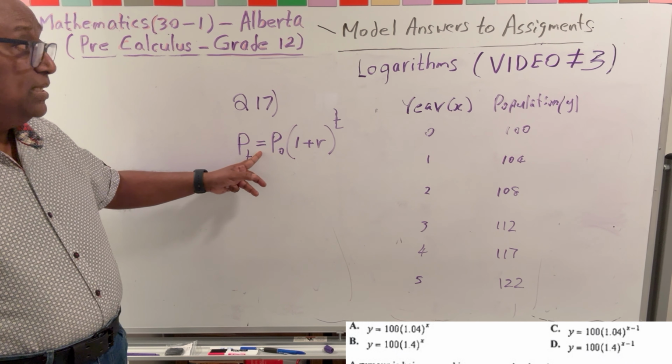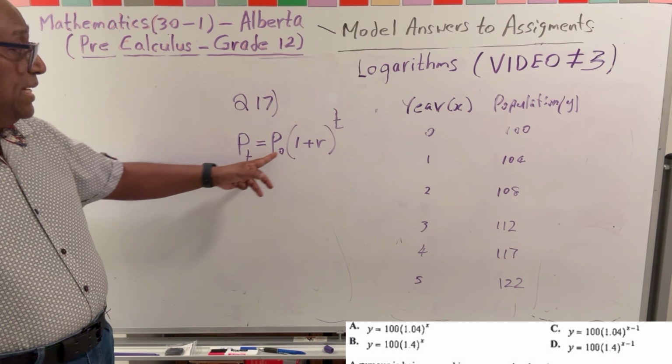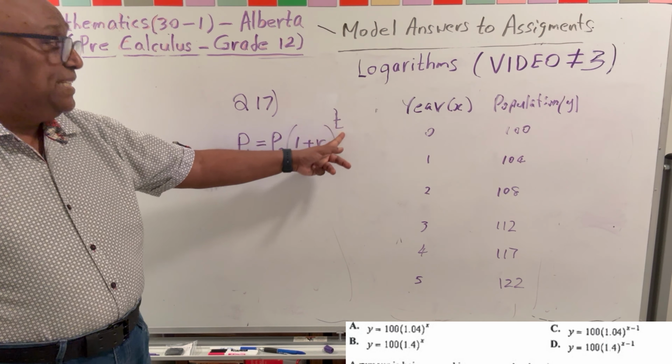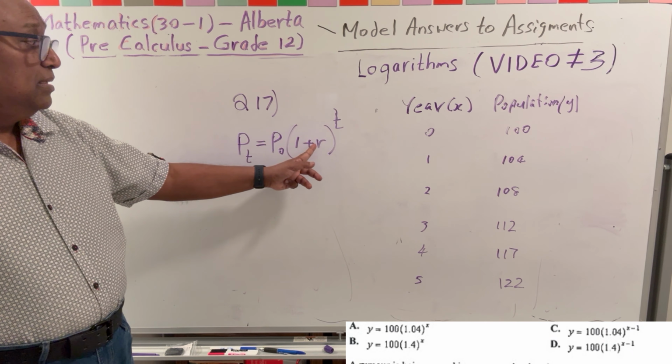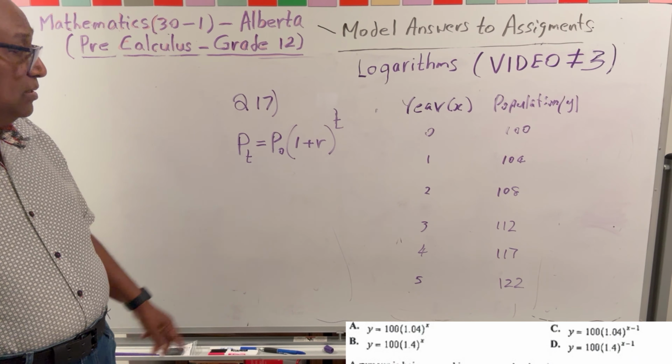P0 is the initial population. Pt is the population after T years. R stands for the rate of growth of population.